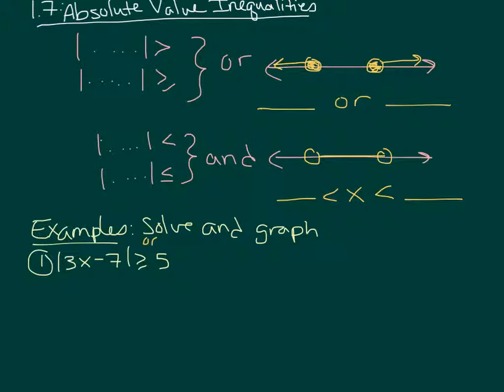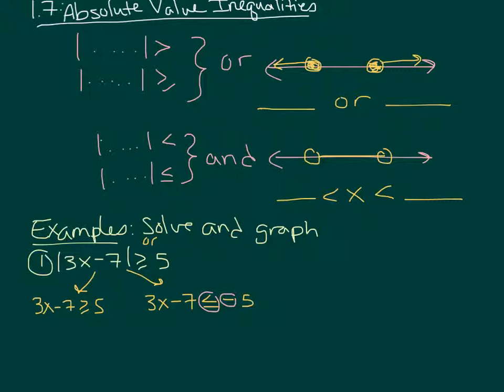The next thing that we need to do is we have to split this up into two. So the first one, you are just going to rewrite this whole entire thing but without the absolute value bars. The second one, you keep the 3x minus 7 as it is. The sign is going to switch around, and the 5 is going to become negative. So for that part, the two things that change are this sign and this sign. So just make sure you know what you're changing around.